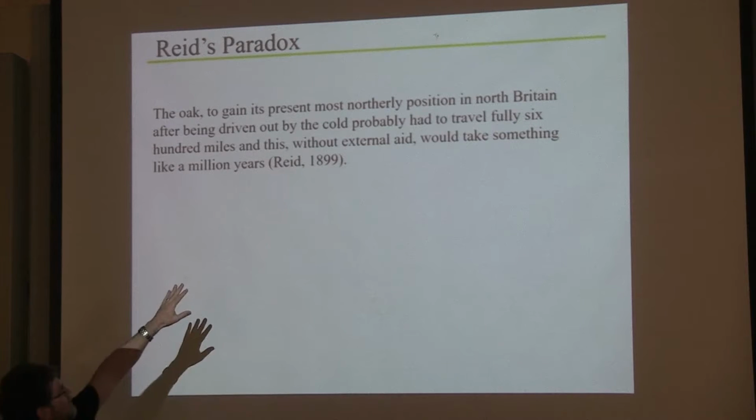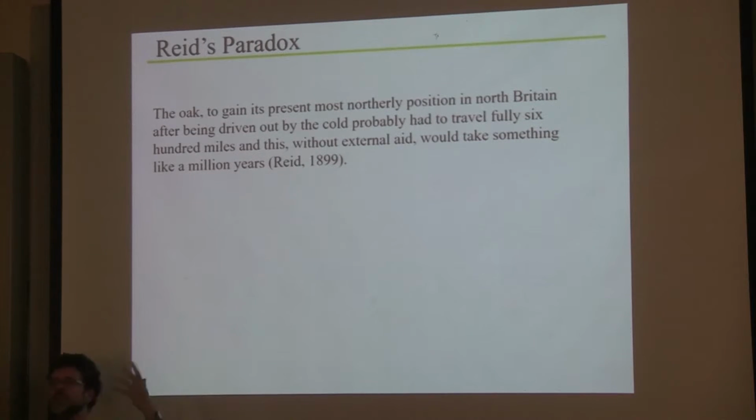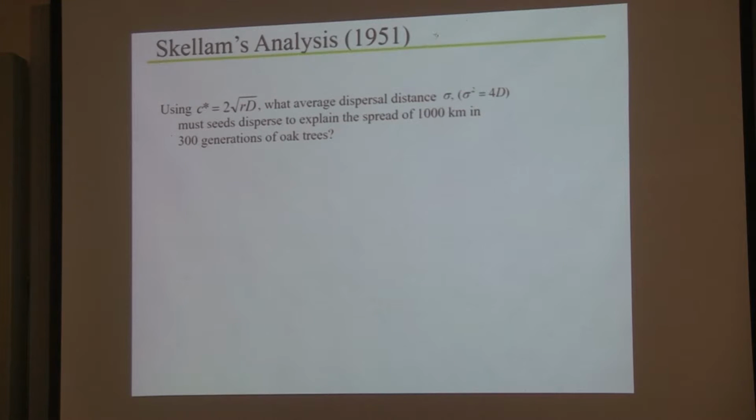So you'll notice he was before Fisher and Kolmogorov. He didn't really have all the mathematical theory at his disposal. And 1 million years is a little on the long side, I think. But there's an issue there. In 1951, Skellam picked up the mantle of Reid's question and tried to understand what was going on.